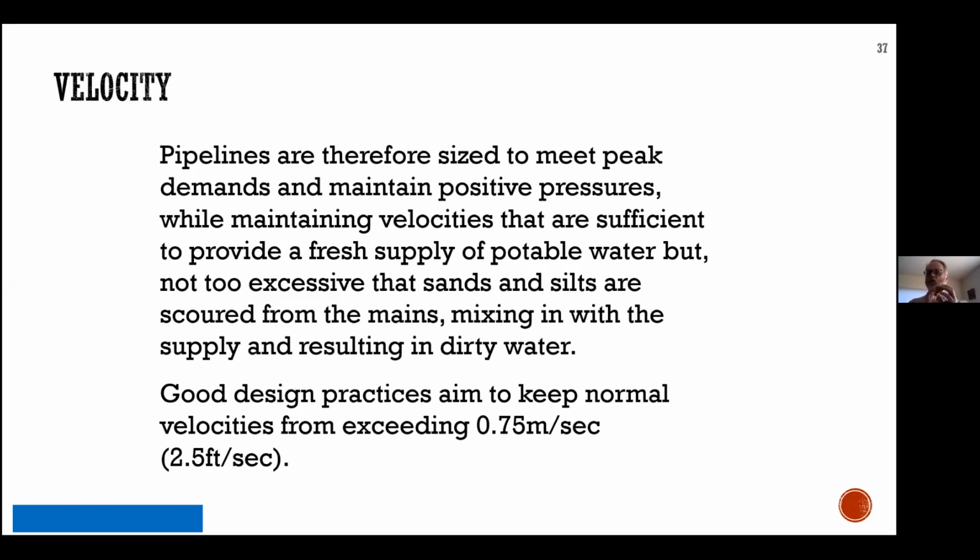If the pipe is too small, velocity speeds up, you get these scouring velocities, as it says at the bottom of the slide there, once you get over 2.5 feet per second, 0.75, close to a meter per second, now you're at flushing velocities. That's starving a lot of energy. It's basically taking all that energy that you paid to put into the system, and now it's out the window because of head loss. And you don't want to scour water mains unless, like when we talk later about operations, we'll talk about flushing.